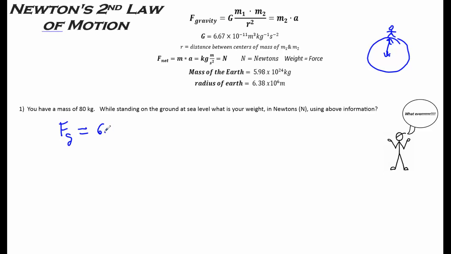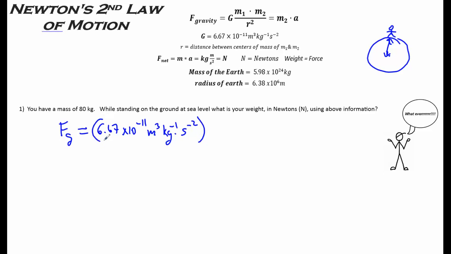Let's put that down at 6.67 times 10 to the minus 11th, a very, very small number. The units for this are meters cubed, kilograms to the minus 1, which is the same as 1 over kilograms, times seconds to the minus 2, which is the same as 1 over seconds squared.